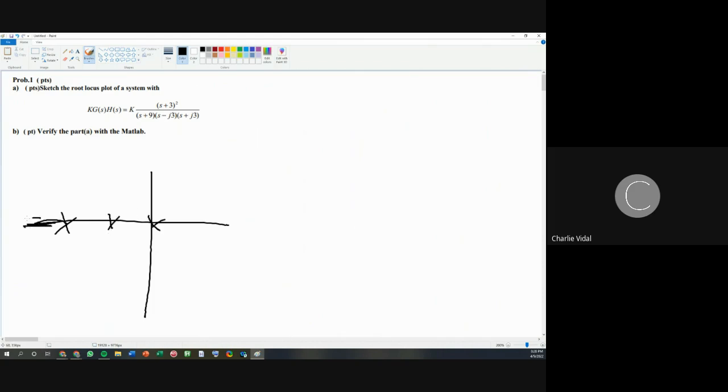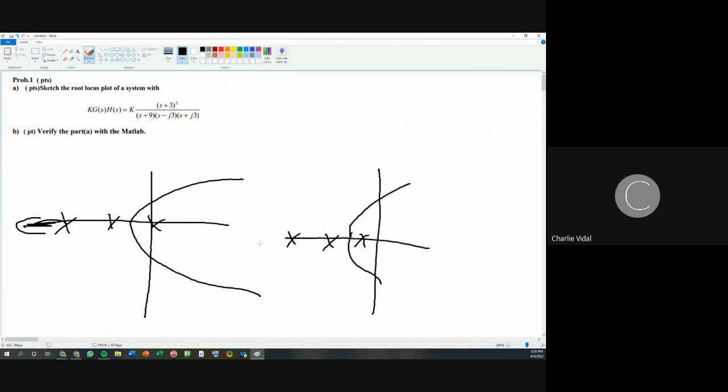This one would still point out to 180, but these two would actually curve and do something like this. Same for this one. It would be somewhere in between, and it would curve this way. And this would go to 180, and then the last one as well. If it was a double point, this one would go to 180, and these two would curve like this.